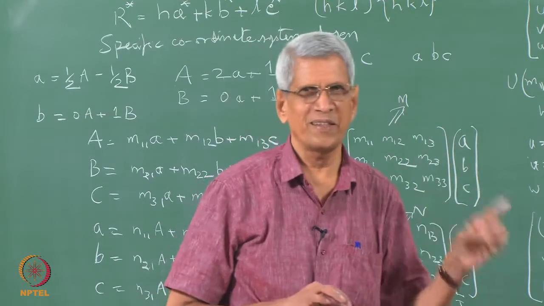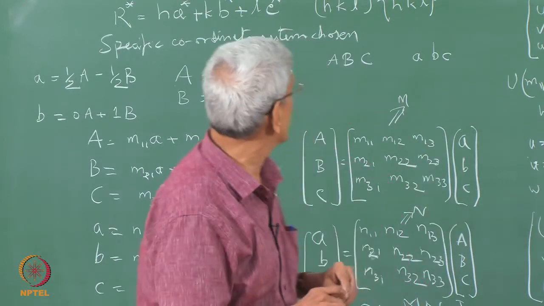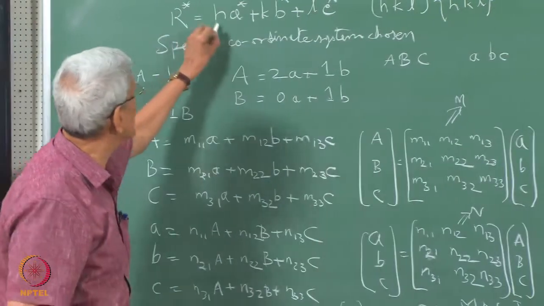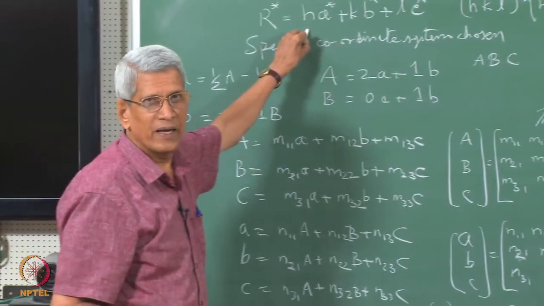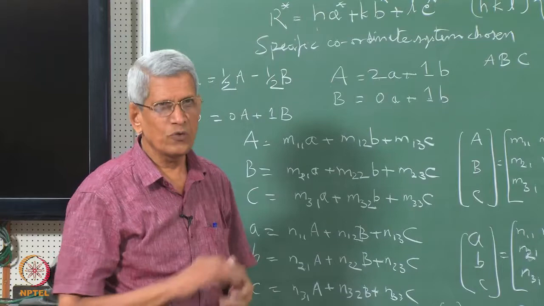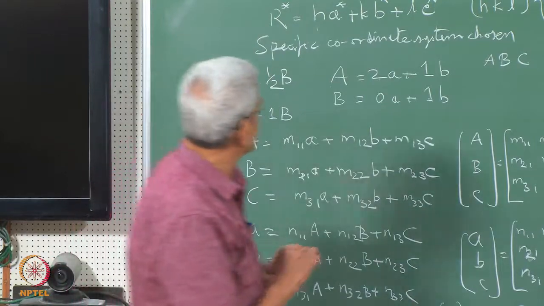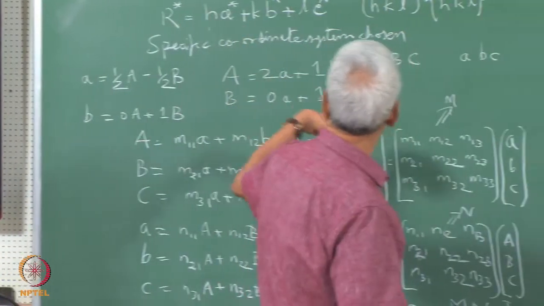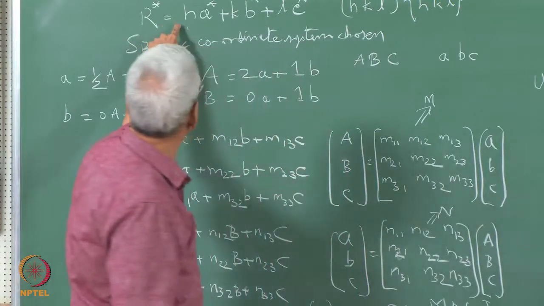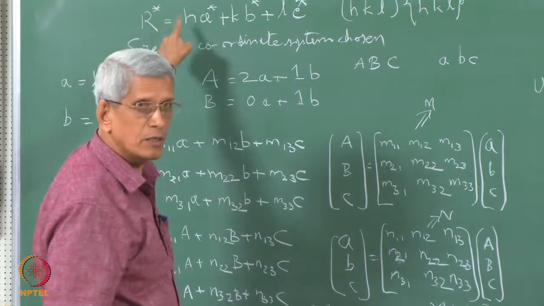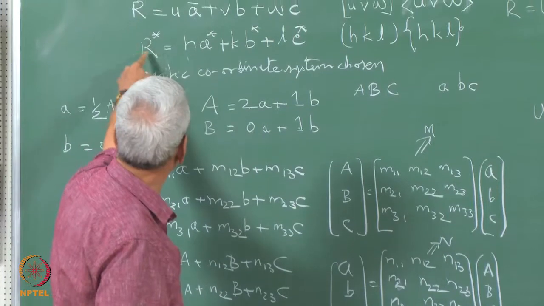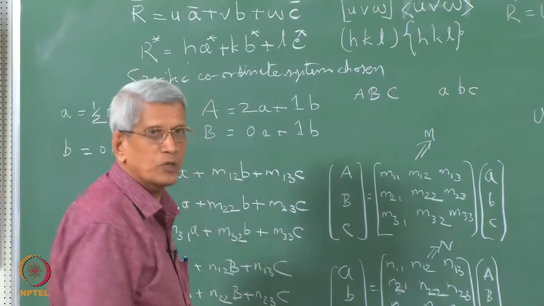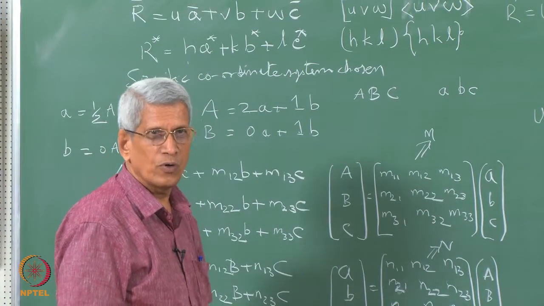Now you take a vector in the reciprocal lattice, like the way we have defined it. This is in terms of this lattice, correct? Similarly, we can define a vector in reciprocal space also.